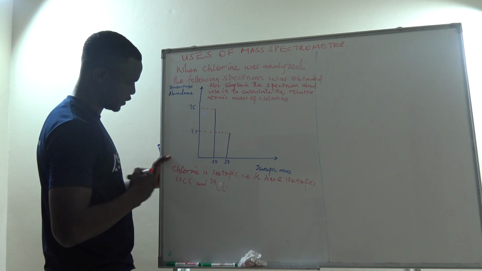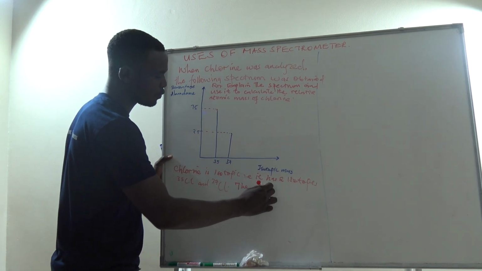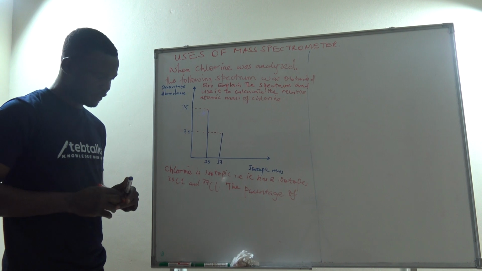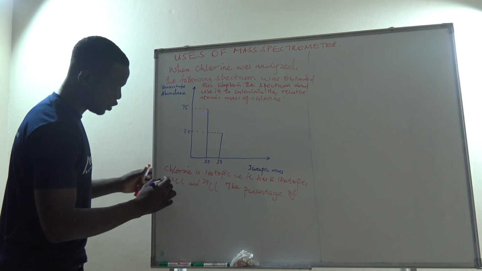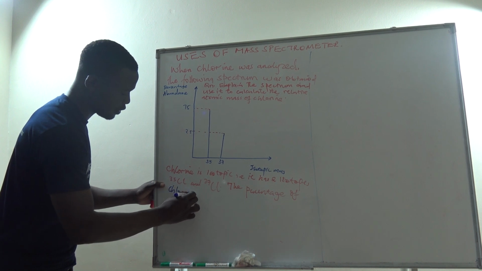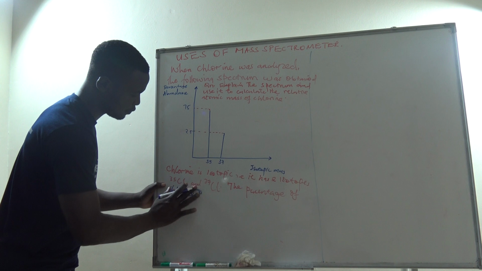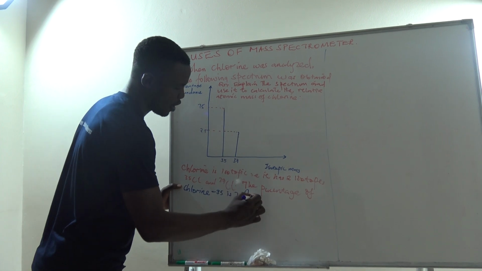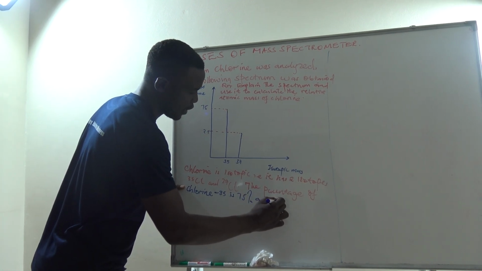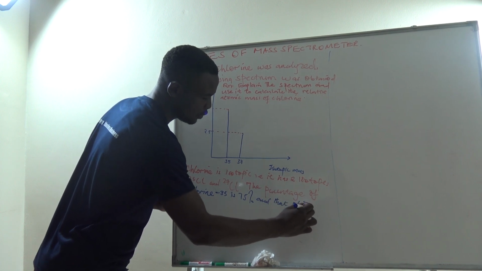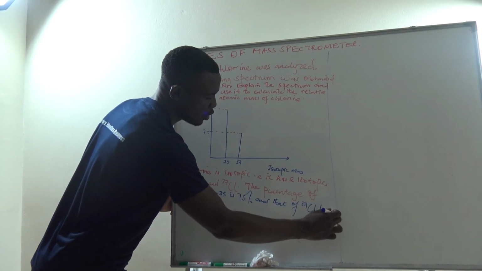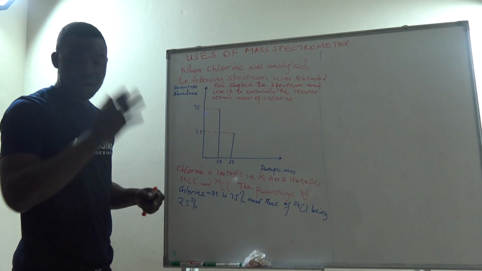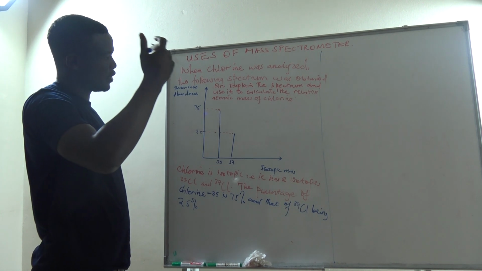We go ahead and say that the percentage abundance of chlorine 35 is 75%, and that of chlorine 37 being 25%. There we have explained the spectrum.